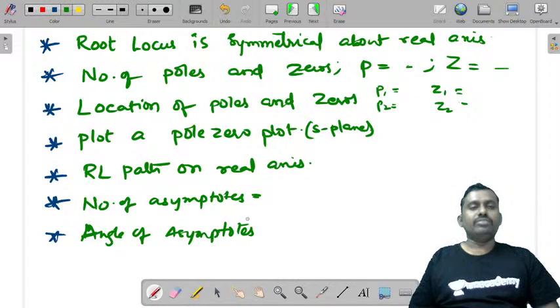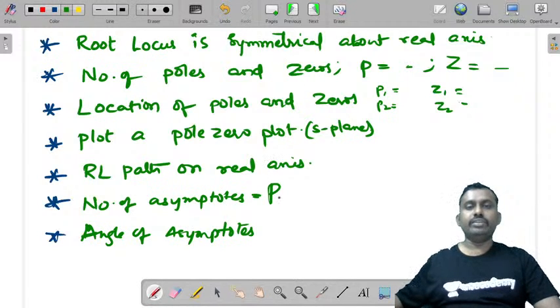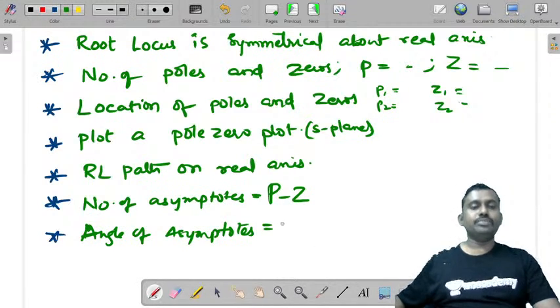And then you need to find the number of asymptotes, which is just the difference of P and Z. Then you need to find the angle of asymptotes. You have an expression theta is equal to (2q plus 1) into 180 by (P minus Z).